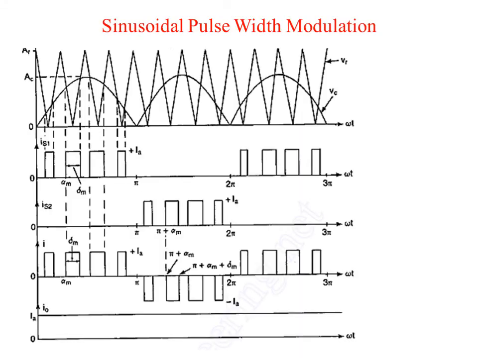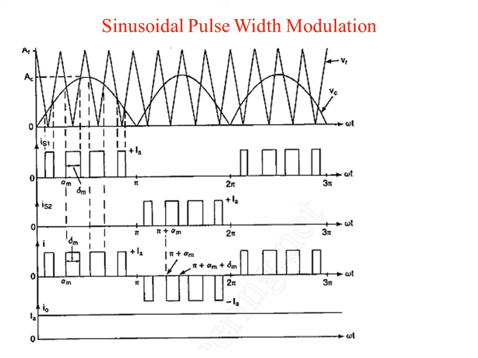The fourth method is sinusoidal pulse width modulation. The widths of pulses can be varied to control the output voltage. Suppose there are p pulses per half cycle of the same width, the maximum width of the pulses will be pi divided by p.